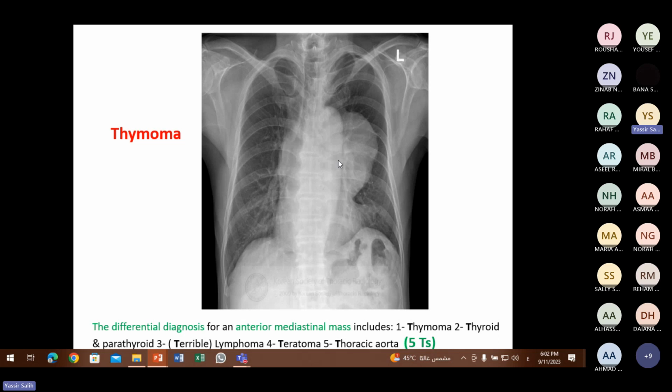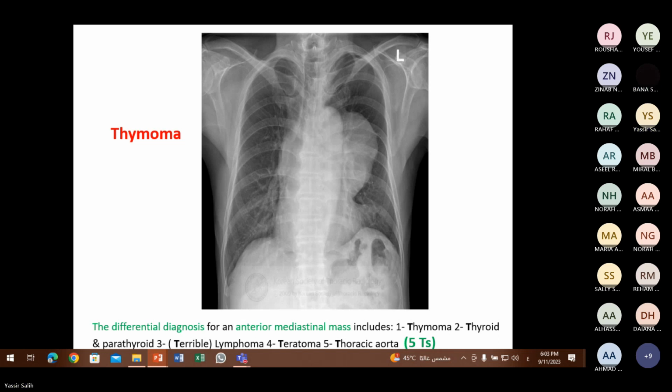This is the opacity. Can you identify if it is in the anterior, middle or posterior mediastinum? It seems anterior.